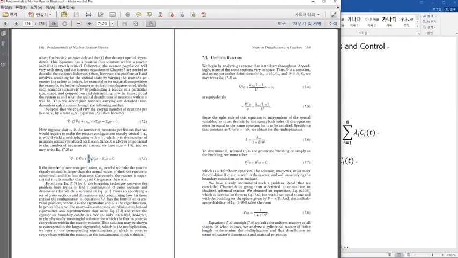But if we multiply 1 over k here, then it becomes 0. So that factor, the inverse of the multiplication factor, makes the left-hand side equal to 0.